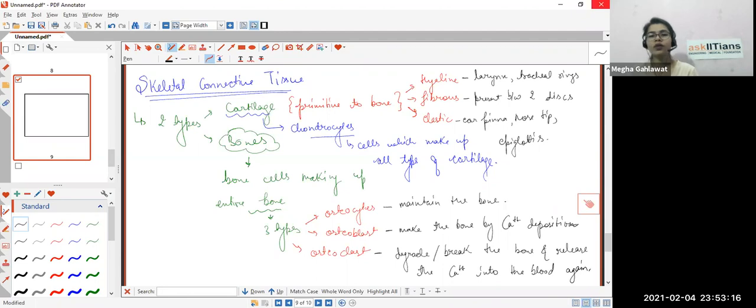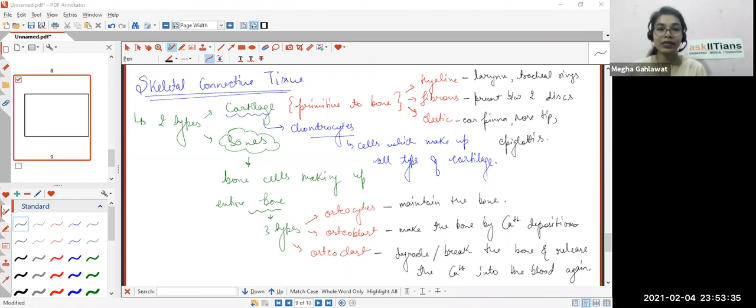Okay, why do we have this taking of calcium and removing of calcium? Because we need to maintain the proper calcium level in the blood in order to have proper clotting in case of any injury.